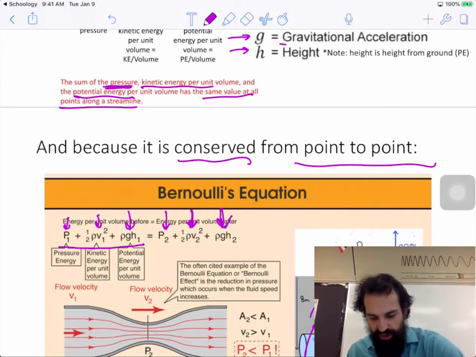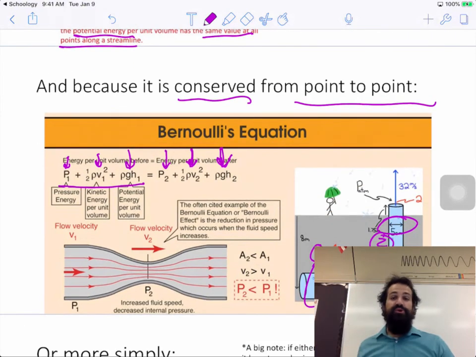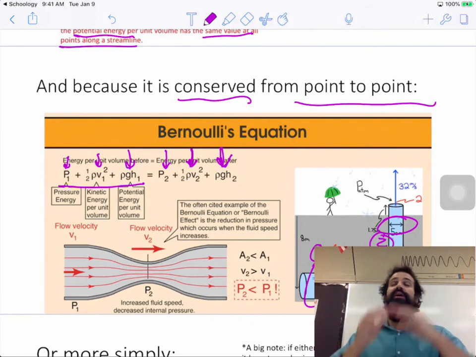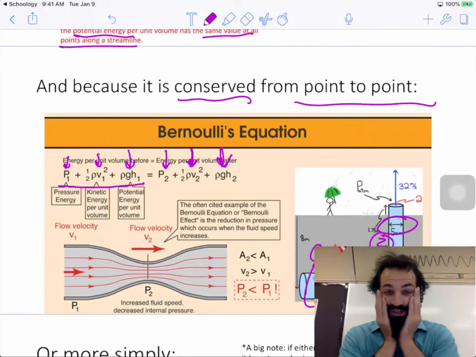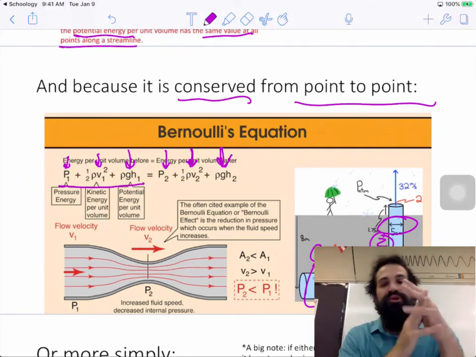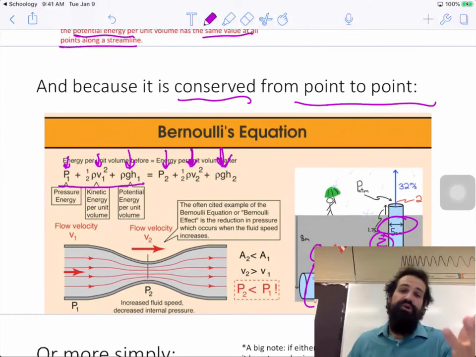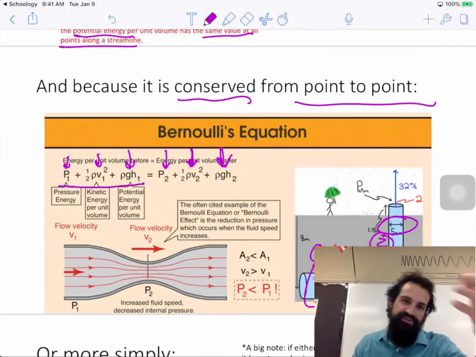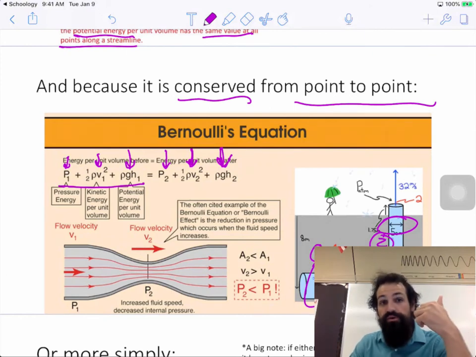So we have position 1 and position 2. The total pressure at one place equals the total pressure at the second place. This equation is long and it is involved. It is the longest equation you will have all year, but it's on your equation sheet, so you do not have to memorize it. You only need to know what the variables represent and be able to apply it.